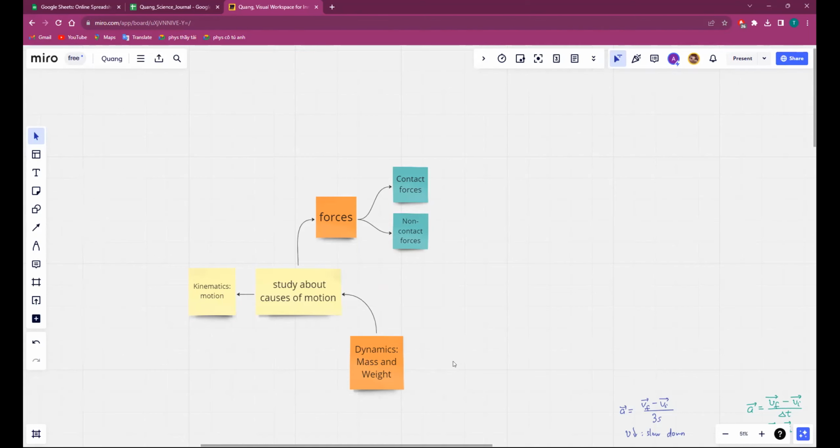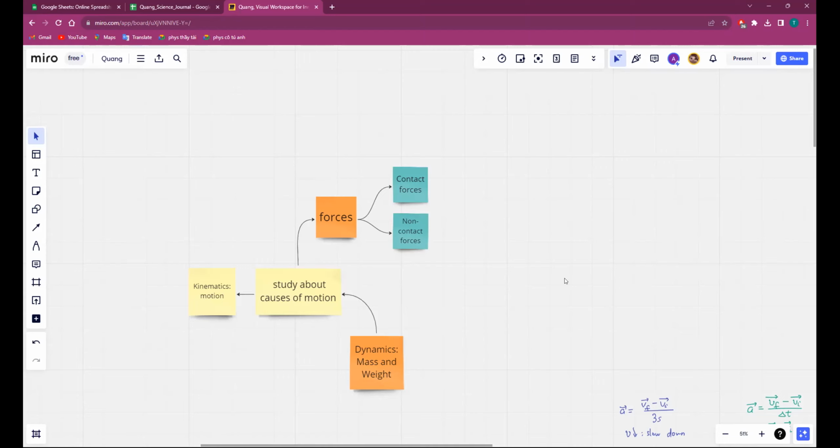But for non-contact forces, could the force act on the object as well? Could the force act on the object?